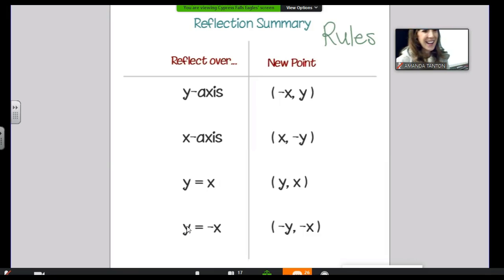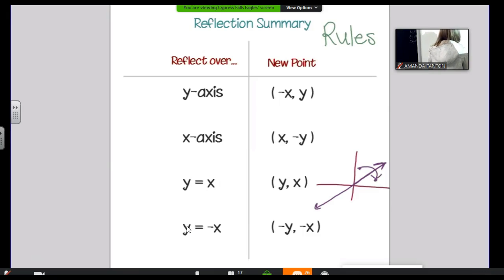What does y equals x mean? That's the parent function. You know these things, right? So, y equals x is the good old parent function from Algebra 1. So it's like you're reflecting a figure over that line right there.